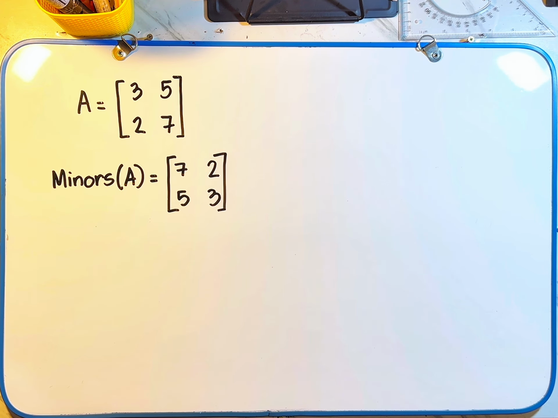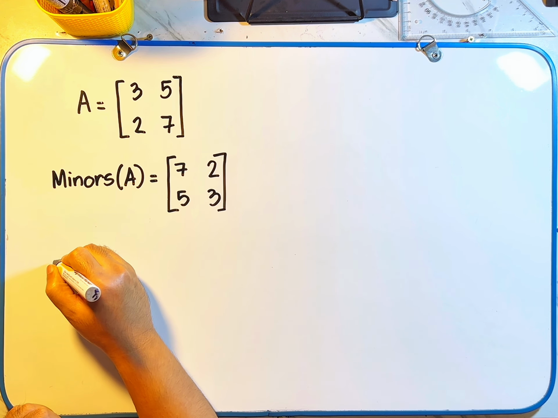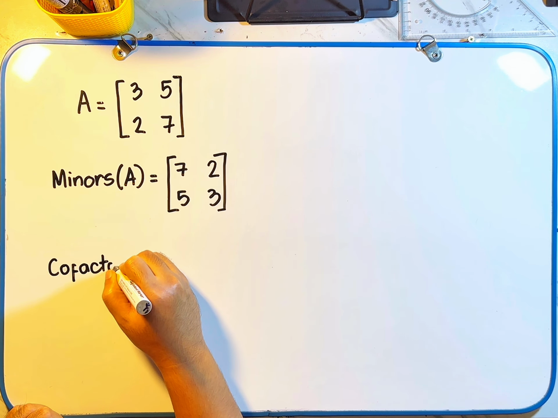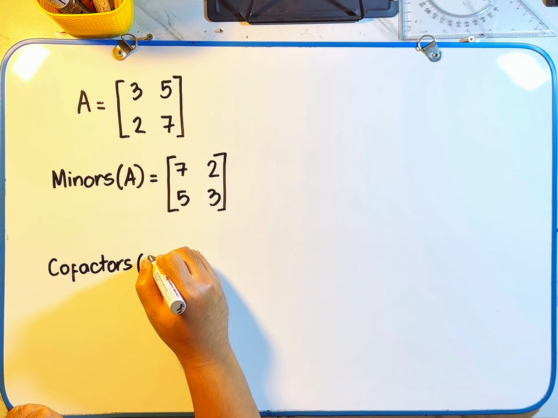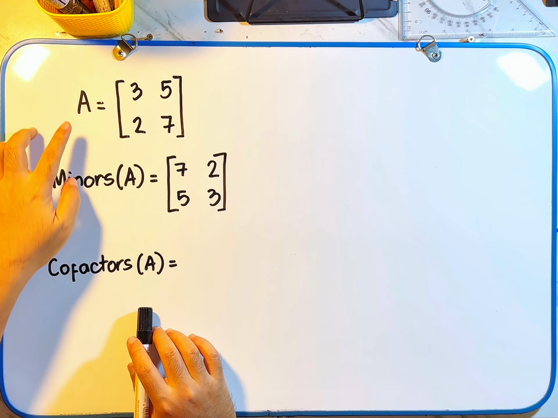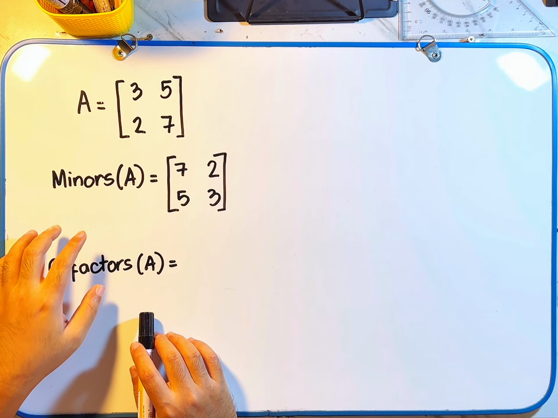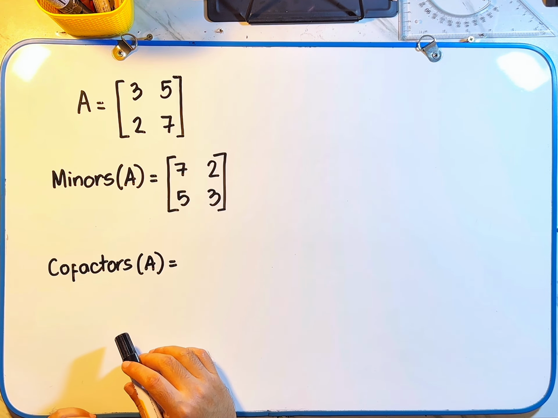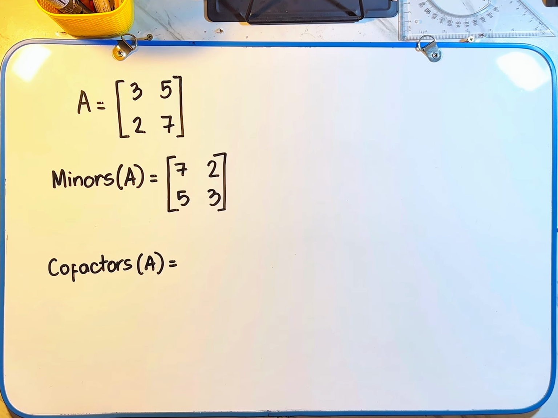Next, let us try to find the cofactors of matrix A. The cofactors of matrix A are similar to its minors, except that there's some variation on the signs. Okay? So there's a formula for the cofactor.